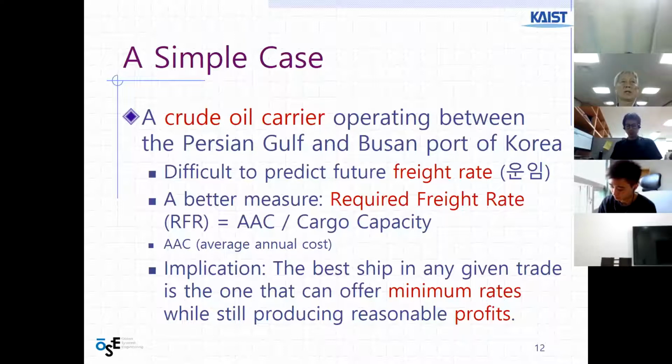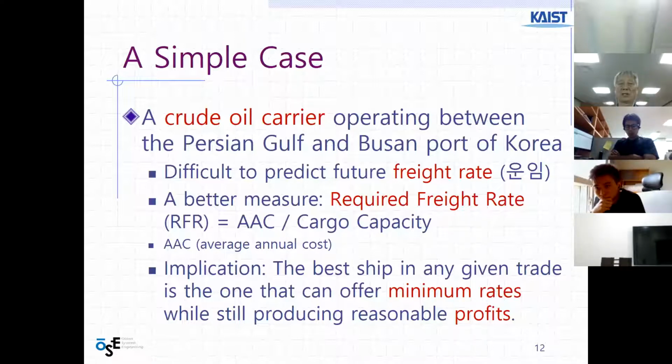Then you may also calculate the minimum payment or carriage of transportation of, say, per kilogram. That can be the minimum freight rate. So that is the required freight rate.